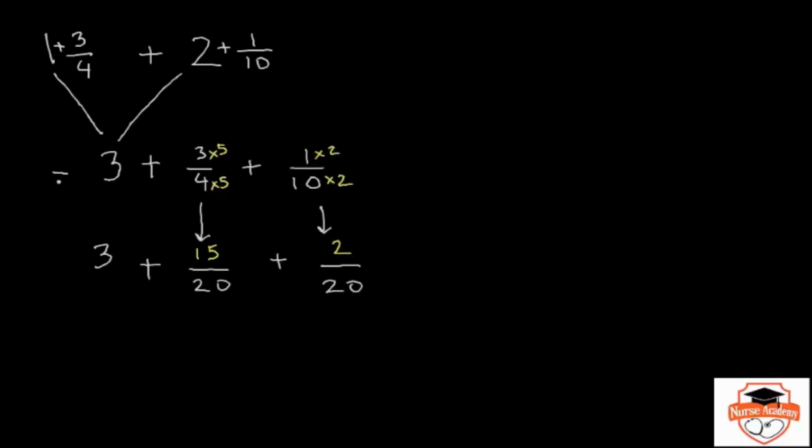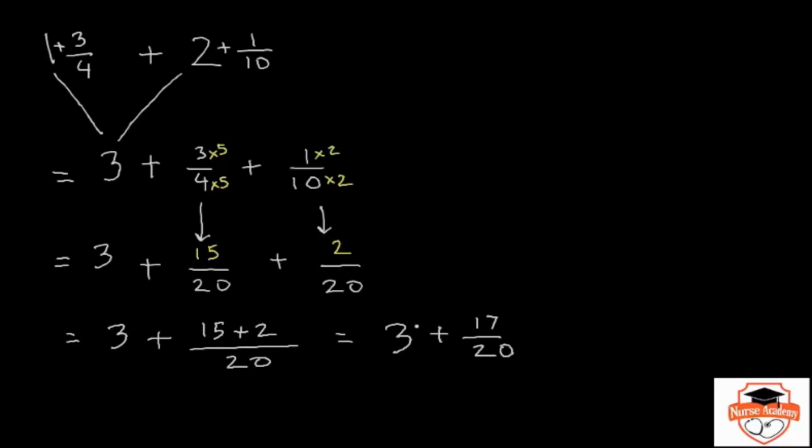So this is equal to this, and this is equal to this, and that's equal to 3 wholes plus, combine these two, all over 20, 15 plus 2, that's 3 wholes plus 17 over 20, or in other words, this is the mixed number 3 and 17/20.